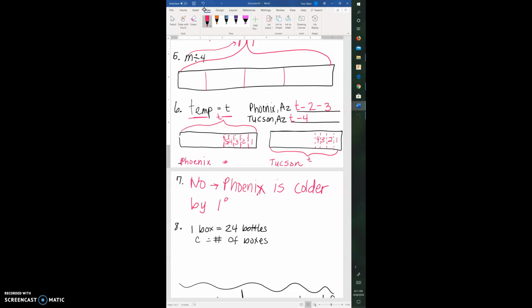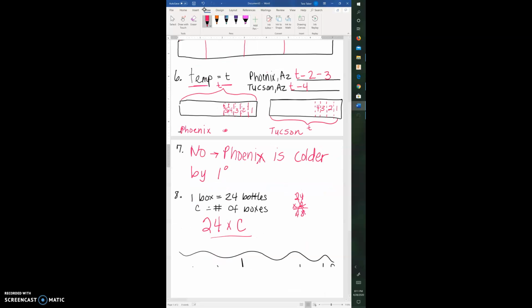So if there are 24 bottles in one box and she bought however many boxes, you multiply to get the total. 24 times C. So if she bought 2 boxes, she would get 48. But we don't know what C is, so this is the equation.